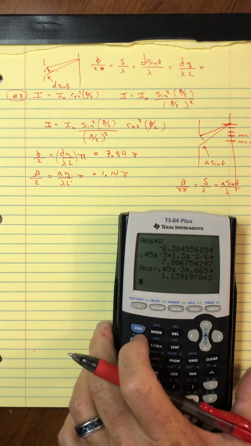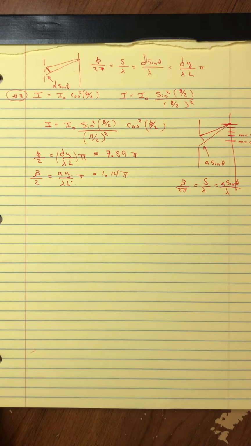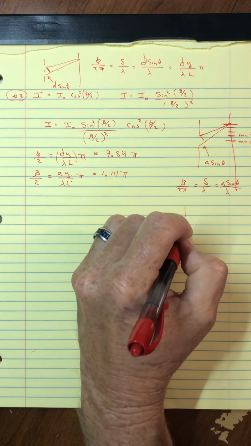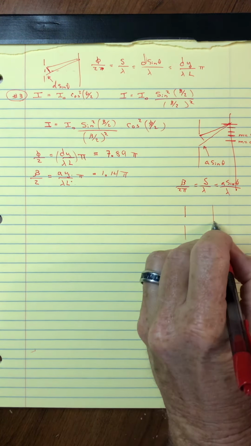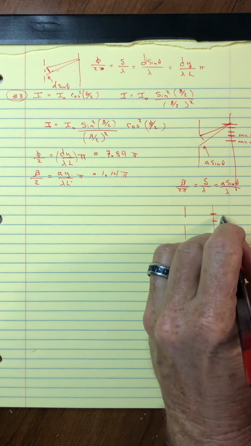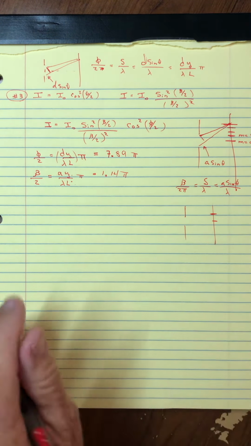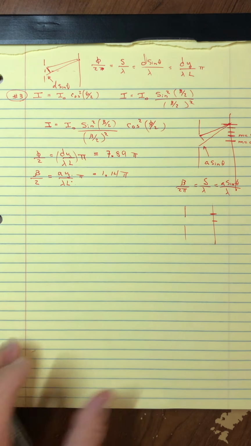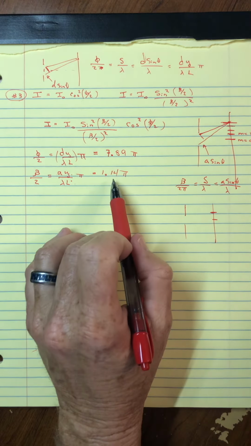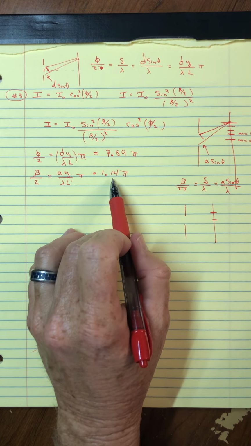Now again, this is an important one, I think, to ask, because we've learned for the diffraction pattern, we get dark spots here at every multiple of pi. And we're not quite at a multiple of pi, but pretty darn close.